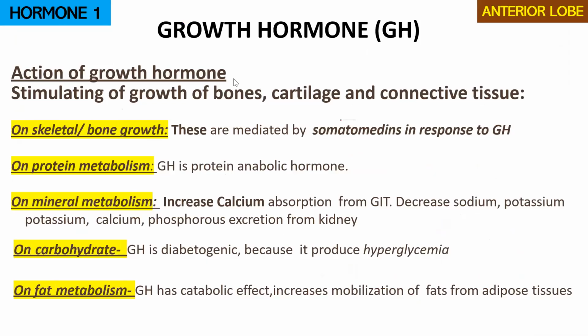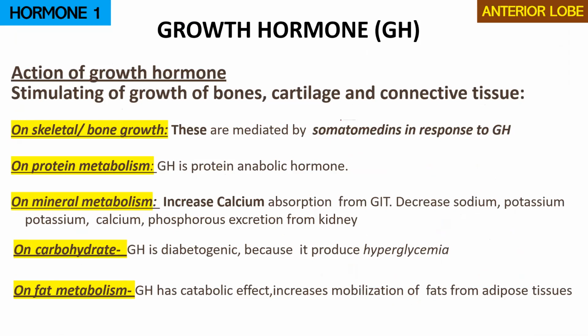So growth hormone, as the name implies, is responsible for growth of bones, cartilage, and connective tissue. So they can be responsible for skeletal and bone growth. How does that happen? Because they are controlling another set of molecules which are responsible for skeleton and bone growth.